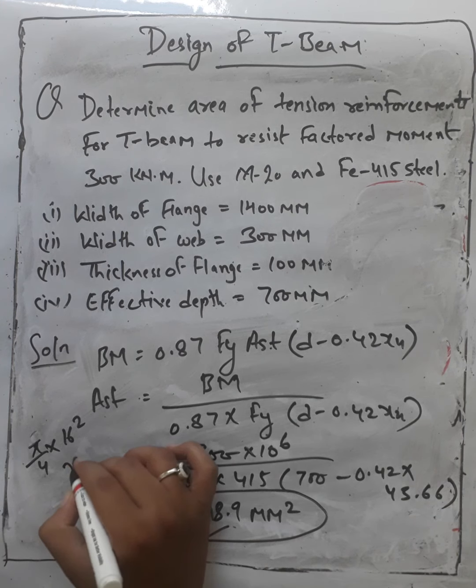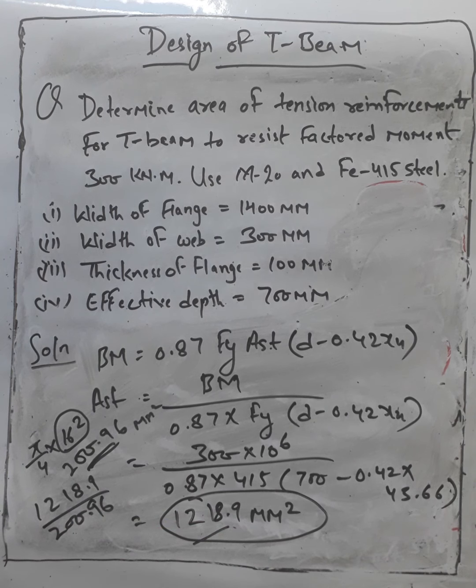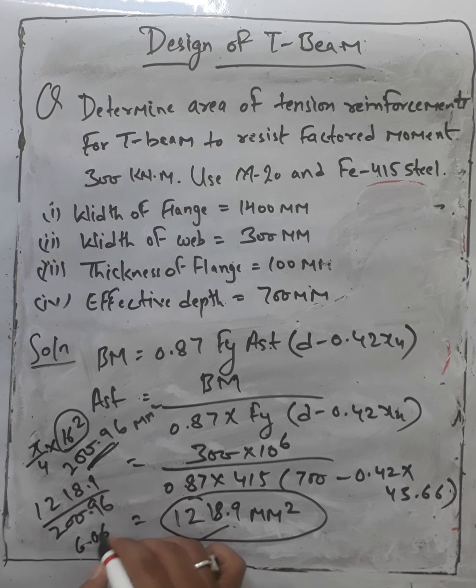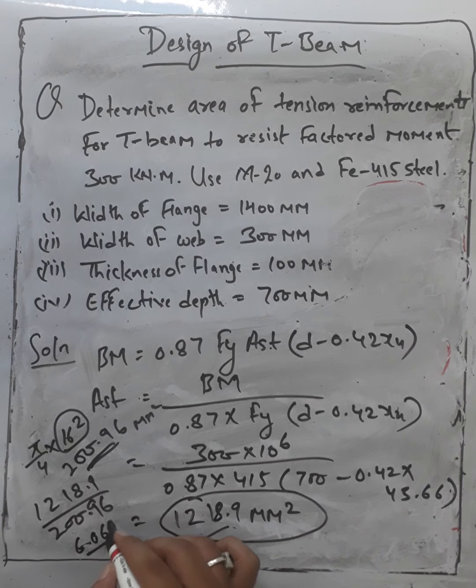Now divide the total area by this. So 1218.9 divided by 200.96, you get 6.06, but you cannot provide bars in this form.